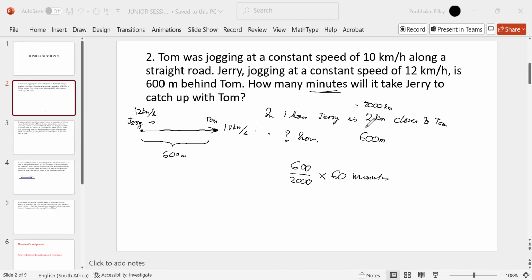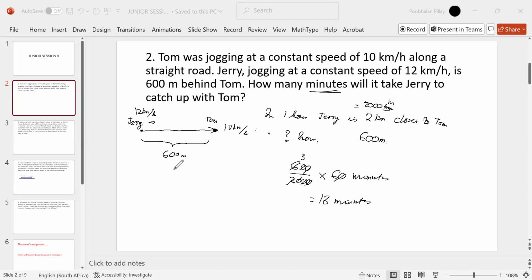So it'll be a fraction of that. I'm sorry, this is 2,000 meters in 1 hour. 600 will be a smaller bit. The actual fraction is this. So now you can cancel all these, and you'll see 2 goes into 6 3 times. You don't have to multiply all these things, and 3 times 6 is 18. So you put the fraction and you cancel off all the tens, and you're left with the 18. So the answer is 18.